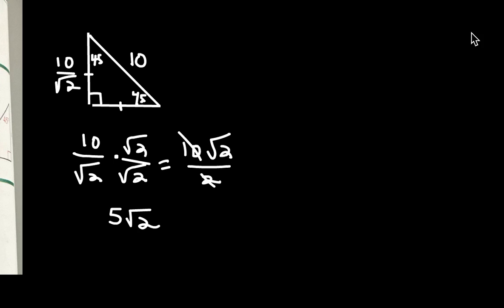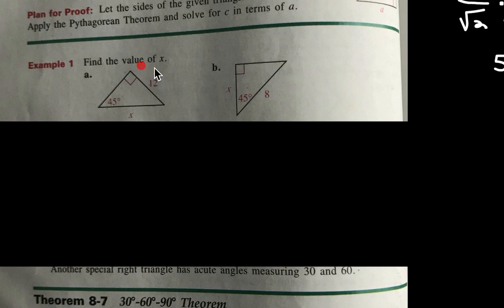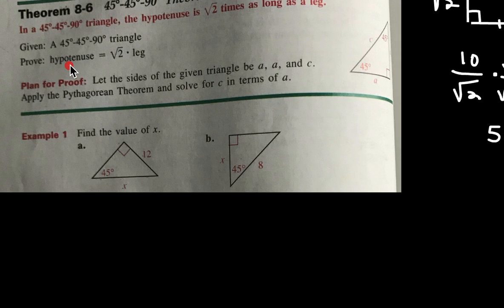So let's do the example that they have for us in the book. It says, find the value of x. So in the first one, x is the hypotenuse. And we remember from our theorem, let me just slide this theorem up here, it says that the hypotenuse is the square root of 2 times the leg. The leg is 12. So the hypotenuse is 12, that's the leg, times the square root of 2. That is it.